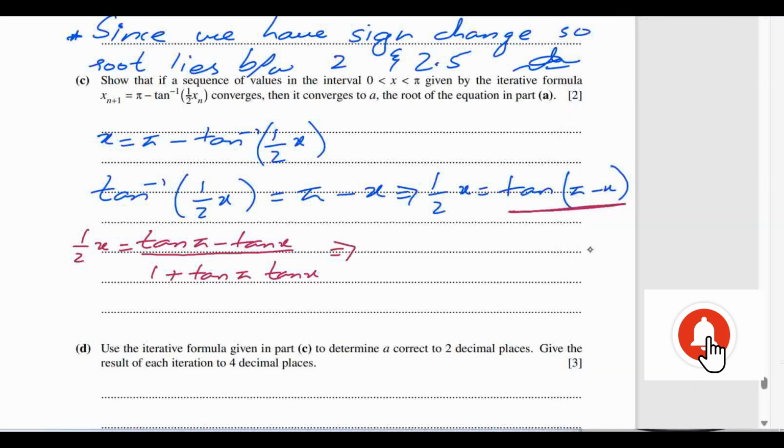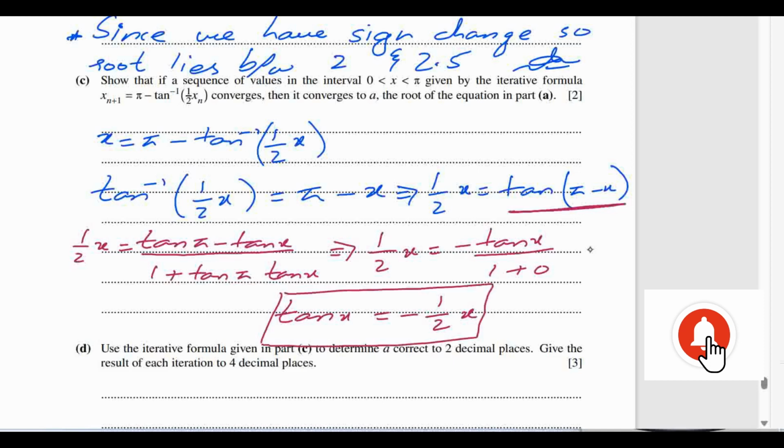So tan of 2x is equal to minus tan of x divided by 1 plus 0. If we shift it to the other side, tan of x is equal to minus 1 by 2x. So this will be the value.